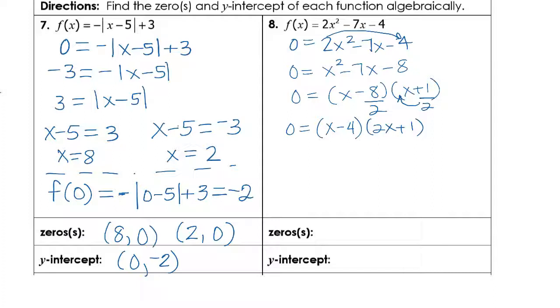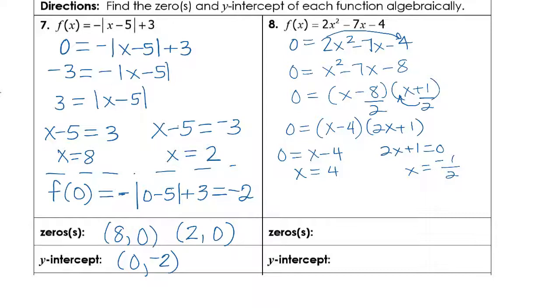But you're also welcome to do slide and divide. Now if we set each part equal to 0 and solve, notice we're going to get x to be 4. And over here on the other side, 2x plus 1 equal to 0. I'm going to subtract 1, and then I'm going to have to divide by 2. So I'm going to get negative 1/2. Is that okay? Questions about it?